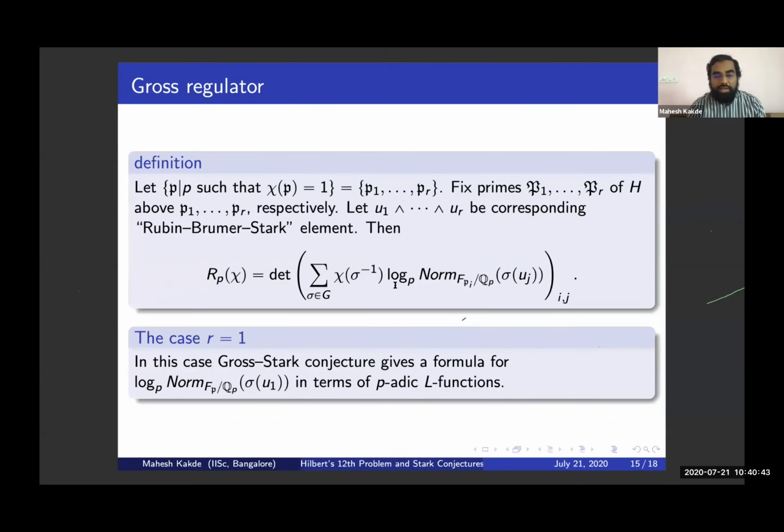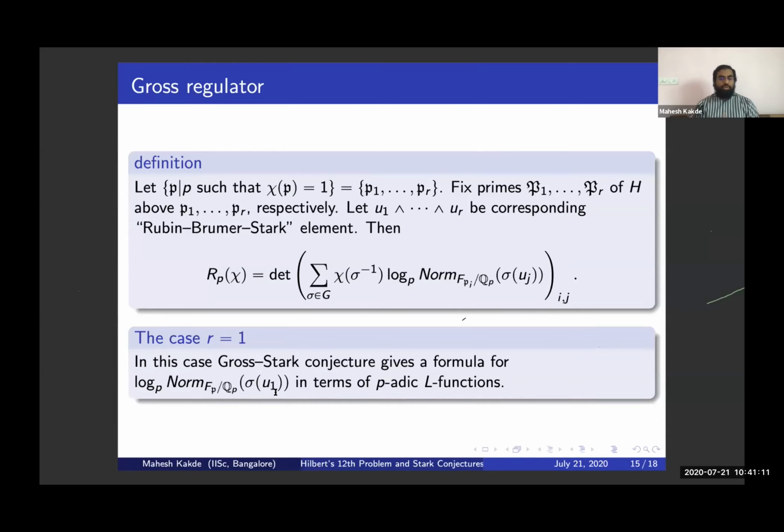Okay, so when R is 1, this conjecture of Gross gives a formula in terms of p-adic L-functions for log P of norm of sigma u1. So R is 1, so I can call u1 just u. Log p is kind of harmless, so it gives a formula for norm from FP1 to QP of sigma u1.